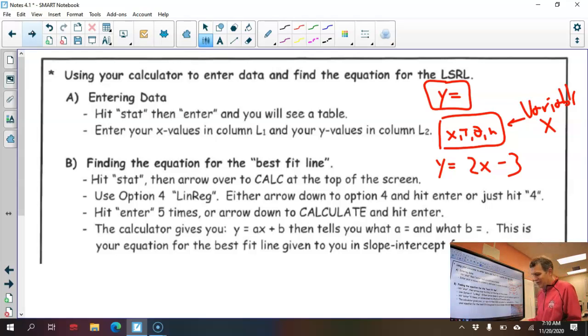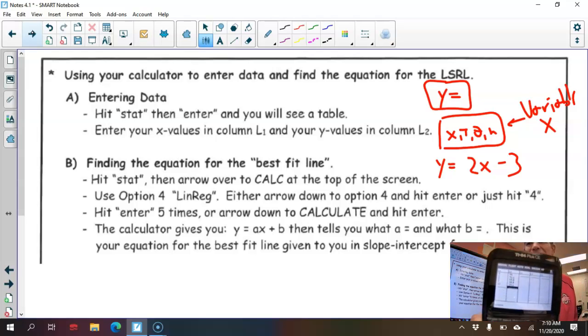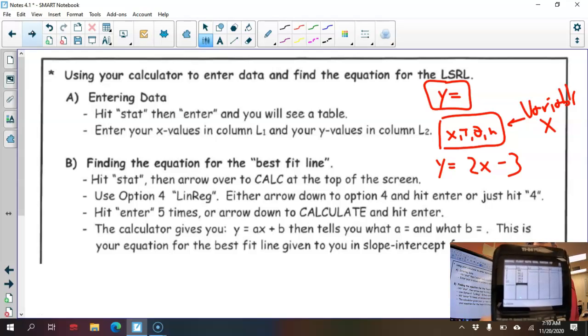Then I'm going to use the arrows and go over to the second column and enter those values. So 0 was 44, and then I use the arrow to go down, or I could just hit enter. And then I have 41.1, and then 39.8, and then 38.8, and then 34.1. And I have entered all of the table into the calculator.